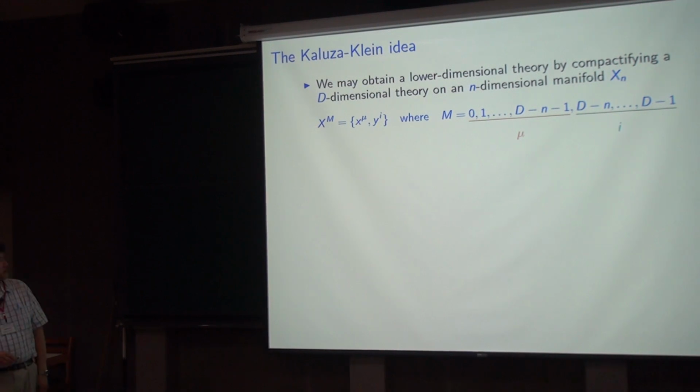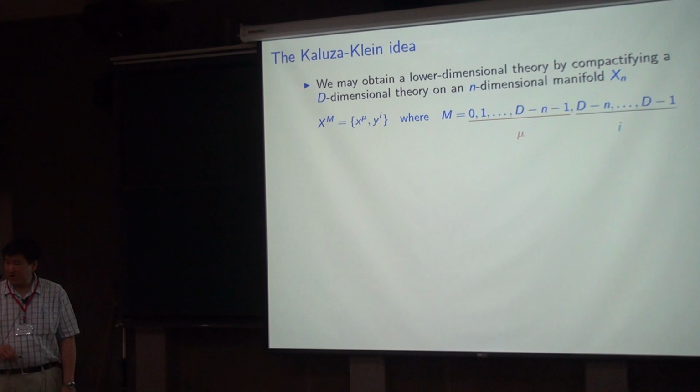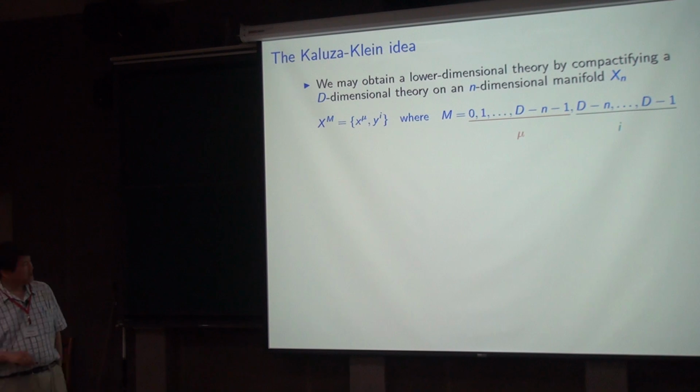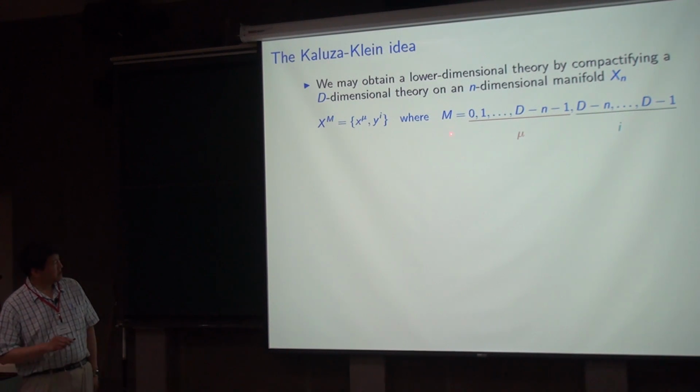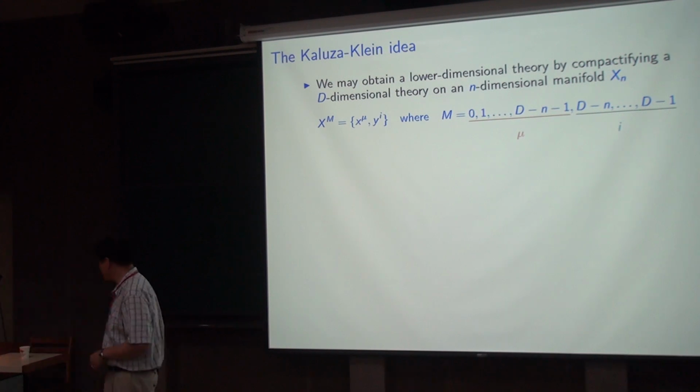I can split the coordinates into lower dimensional x^mu coordinates and internal y^i coordinates. So there are capital D minus n lower dimensional coordinates. Sometimes I'll just call these space-time for the lower dimensions, and internal space for the compactified dimensions. And I might call this little d number of coordinates, just to set up the notation.